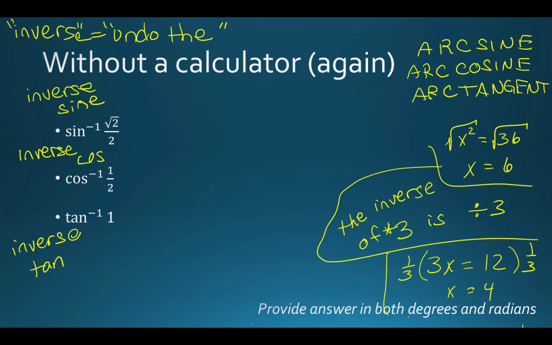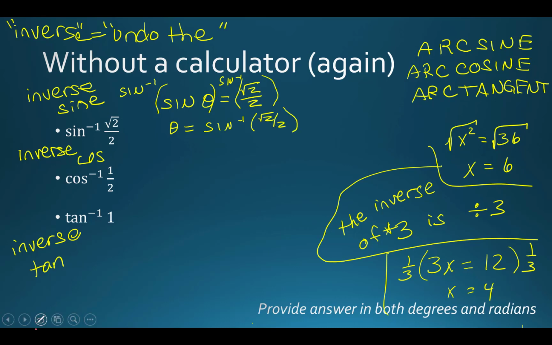So basically if I wanted to undo the sine, the idea is if the sine of something is square root of 2 over 2, I want to undo that. So I would do inverse sine on both sides. And that's what that would look like. It would look like theta equals the inverse sine of square root of 2 over 2.